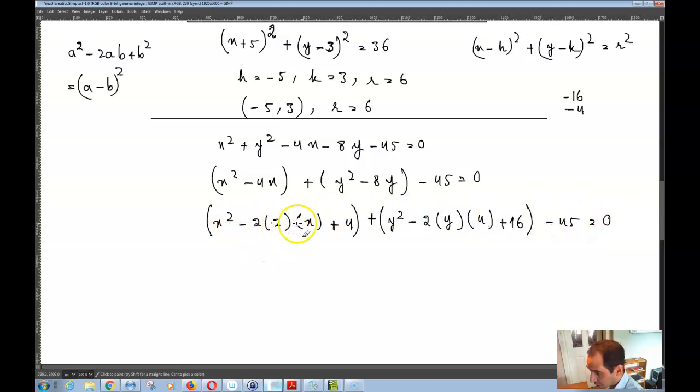Now I can write this as (x − 2)², because this 4 is actually 2², and this 16 is 4², so plus (y − 4)².